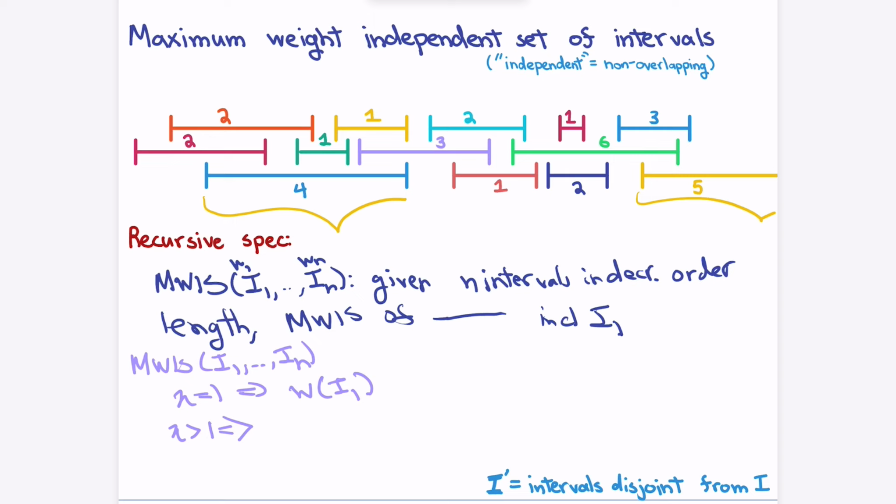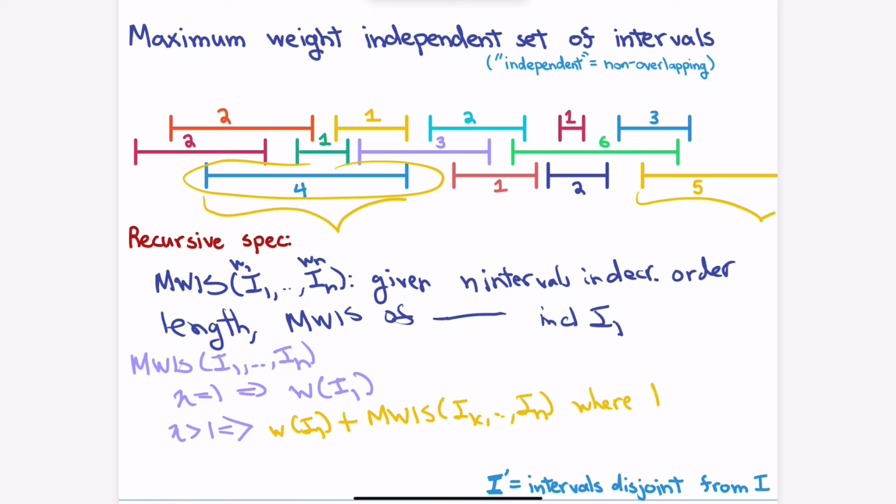Okay. So I'm looking at the biggest interval and you're saying, okay, I have to include it. So it'll be W of I1 plus, and then I look at all the next biggest ones, IK through IN, where K is the first interval not overlapping.